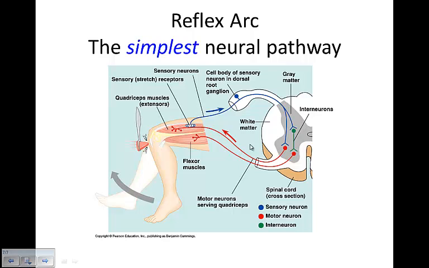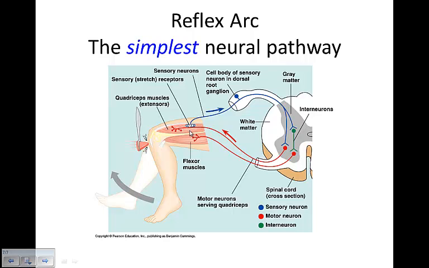So the energy is carried out of the central nervous system by this motor neuron, and it carries the energy to an effector cell, which is usually a muscle. You can trace this along, and you can see the sensory neuron, you can see these interneurons here, and then you can see the motor neuron. So it's receiving the signal, sends it to the interneuron, out to the motor neuron to have a reaction.